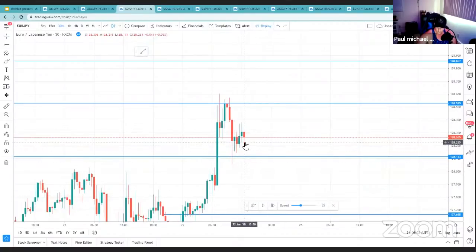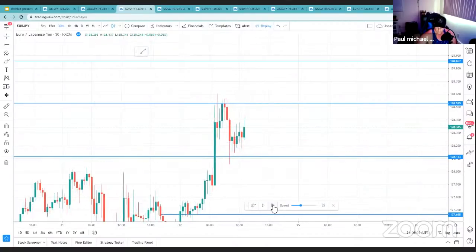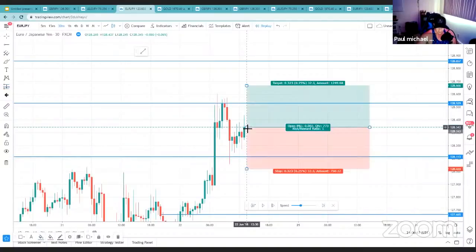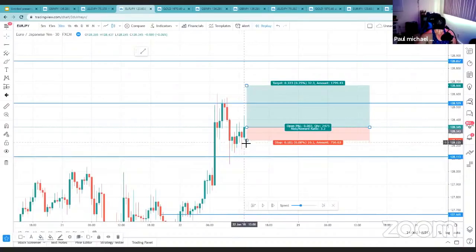Yeah, I think this is just too late in the New York session now. All right, it's super late in the session, but I'll take my EJ trade. So I'm going to say we formed support. We got higher highs, higher lows, rejection from support.